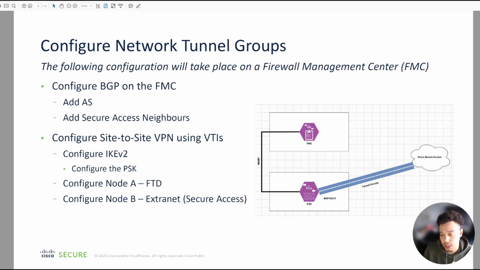There's a number of steps that we'll also do on the secure access part, and we'll walk through that now. So firstly, we'll start with secure access. We'll get that all configured and up and running, and then we'll go across to the FMC, configure that, deploy policy, and hopefully we'll see those network tunnel groups come up.